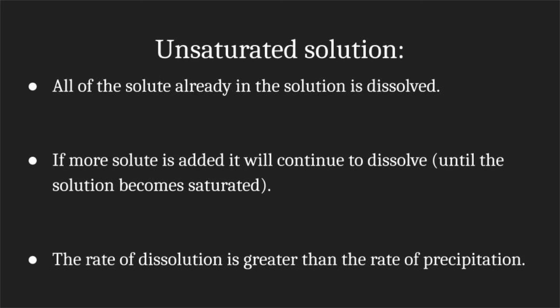And when we have an unsaturated solution, we say the rate of dissolution, or the rate that the solid goes into the solution, is greater than the rate of precipitation, or the rate that the solid's forming.